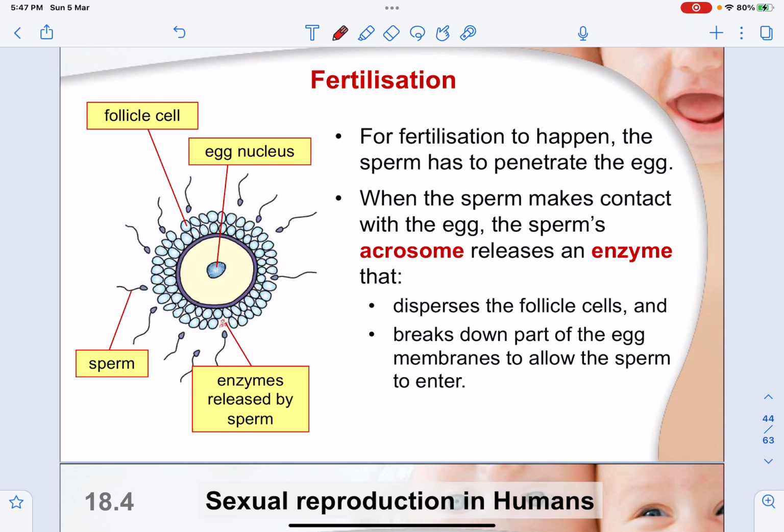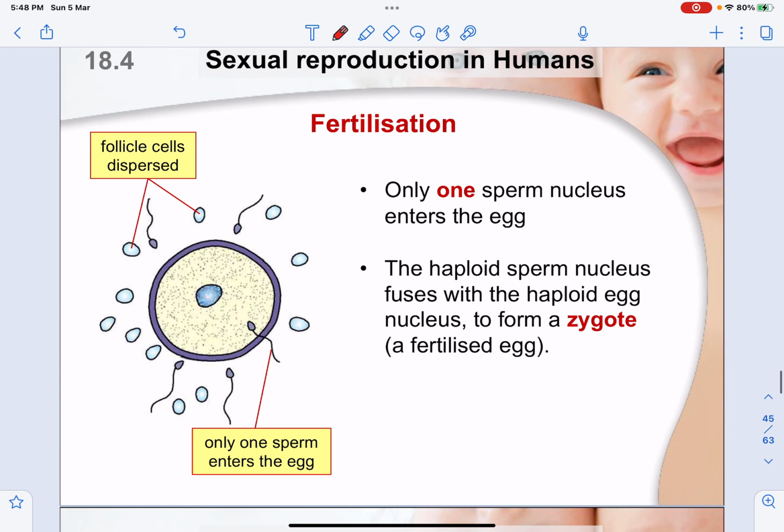When the sperm makes contact with the egg, the acrosome will release an enzyme that helps to disperse the follicle cells and break down part of the egg membrane to allow the sperm to enter. Only one sperm nucleus will enter the egg, and then the haploid sperm nucleus will fuse with the haploid egg nucleus to form a zygote.